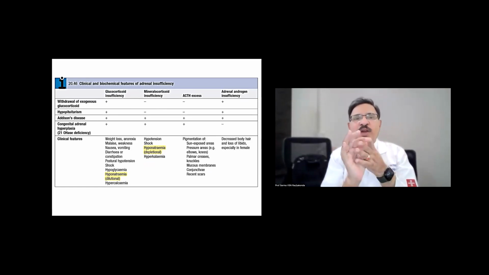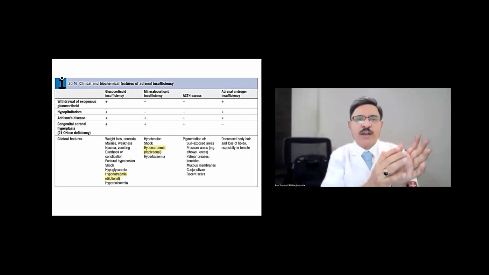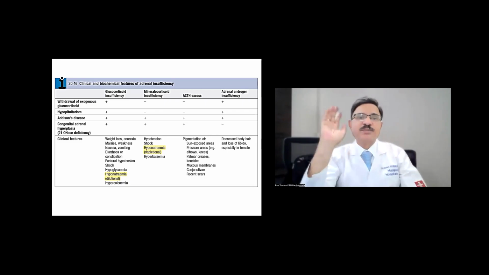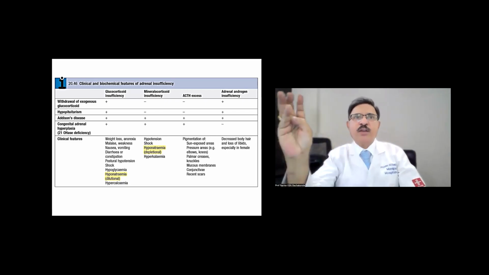Weight loss, anorexia, malaise, weakness, nausea, vomiting, diarrhea, constipation, postural hypotension, shock, hypoglycemia, hyponatremia, hypercalcemia. Potassium is high, sodium is low, calcium is high.